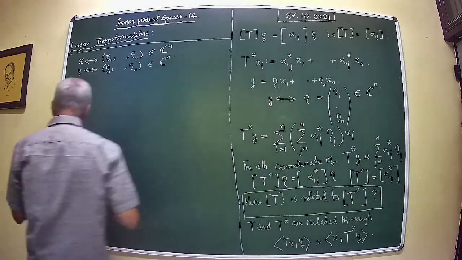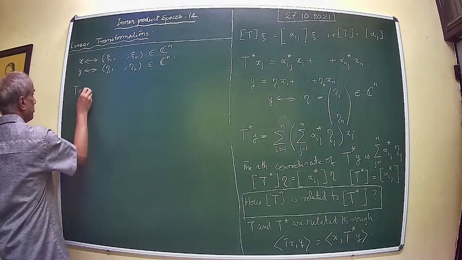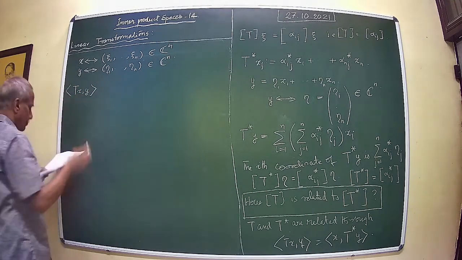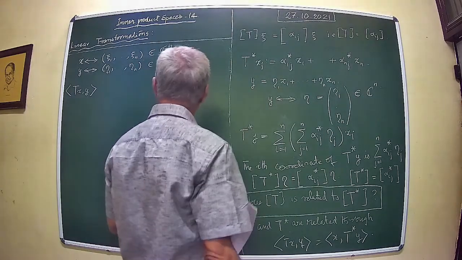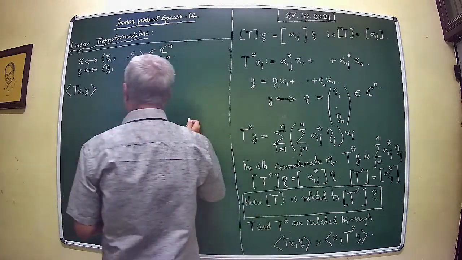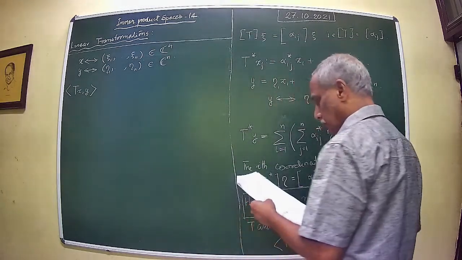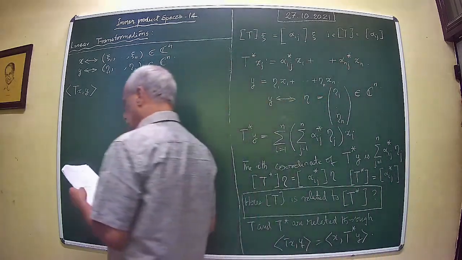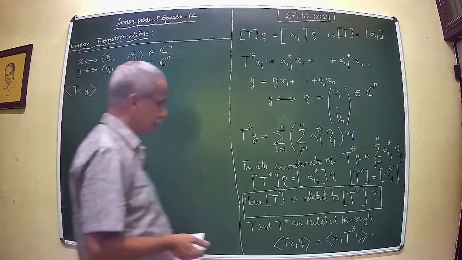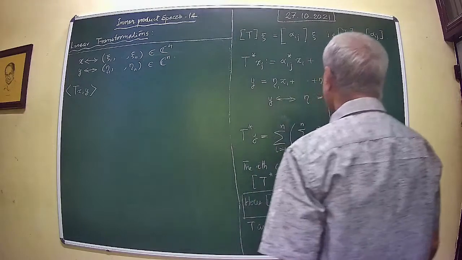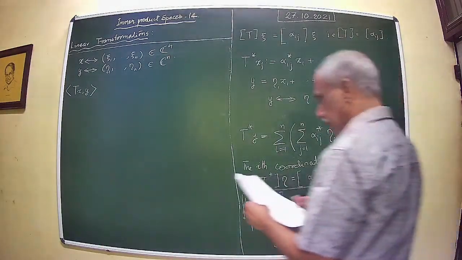So the inner product of Tx and y, if you compute, this would turn out to be, because you are using the fact that the inner product of xi with xj, now you write down the two representations for this.